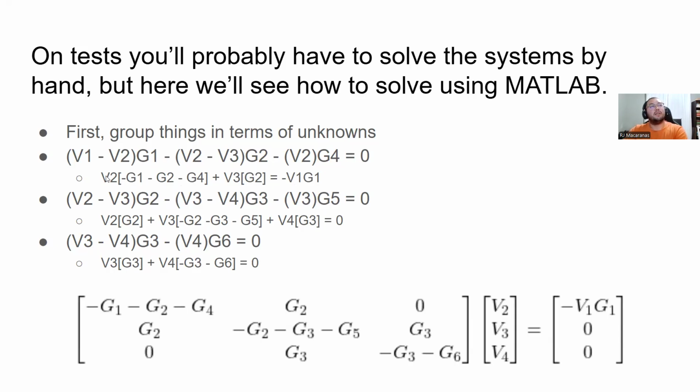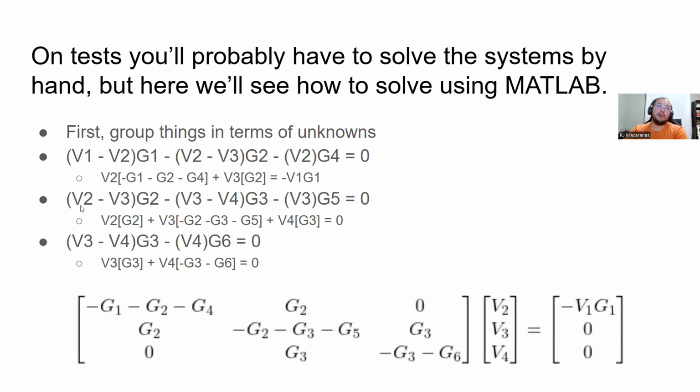So from this first KCL equation that I expanded out, my V2 contributions are minus G1, minus G2, and minus G4. And then V3 gets a positive G2, since I've got a minus times a minus. So that's a positive G2, and that's my first equation.